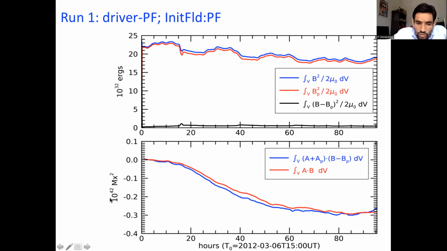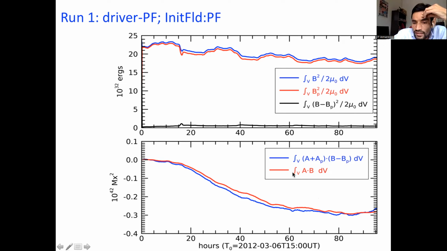This is very fine because we drive the boundary with the simple potential field, and because of these shear motions only, this buildup of the coronal helicity happens. This is somewhat reasonable. We also calculated the relative helicity, which is A plus AP, and it gives information about the excess magnetic twist above the potential field.